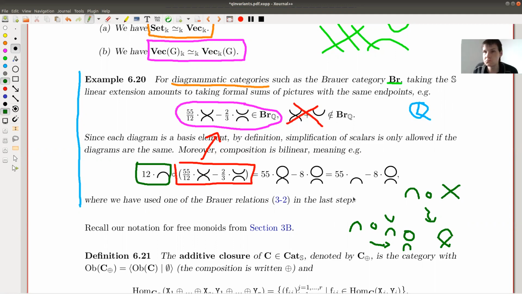The only thing that happens now is that composition is bilinear. So composing 12 times a cup with this here gives me 55 times the first one, and you compose this one with this one, minus 8 times the other one. I'm really hoping that I did my calculations right.